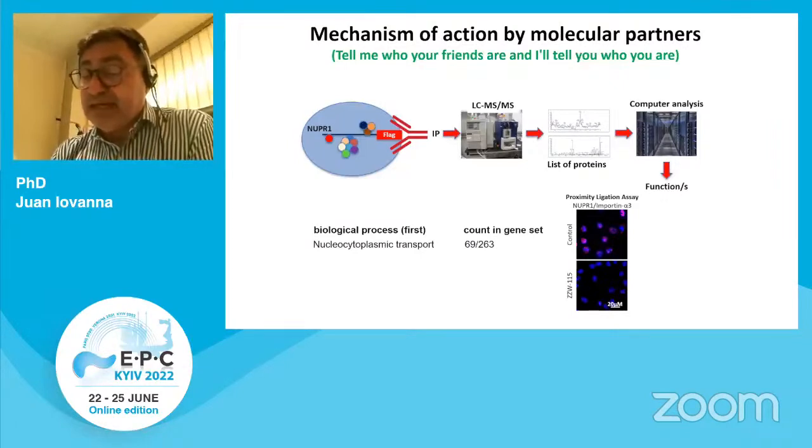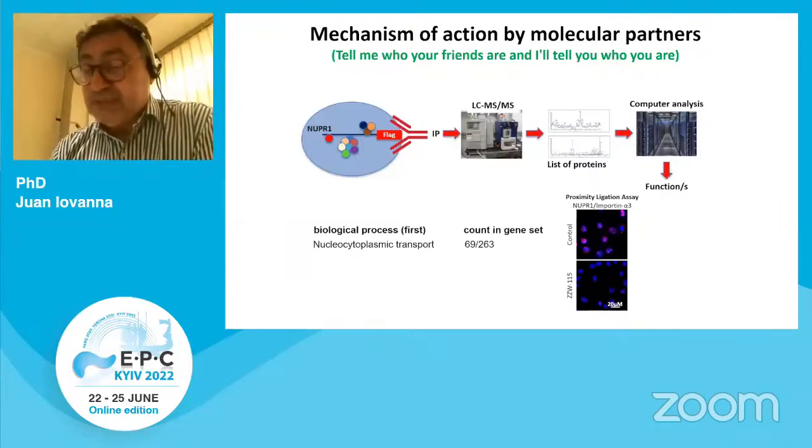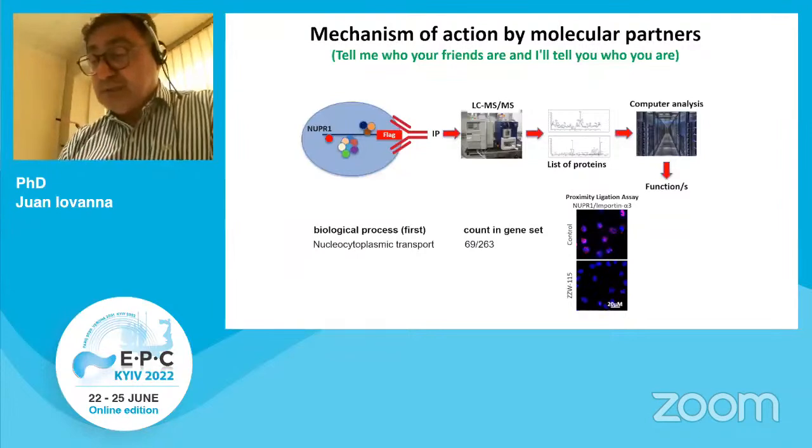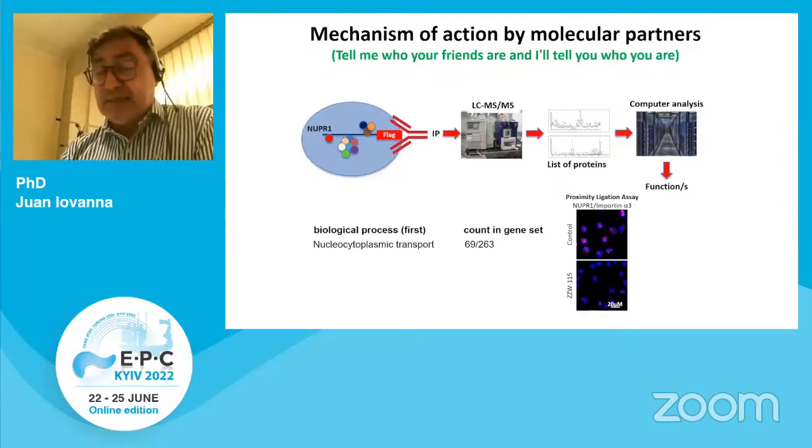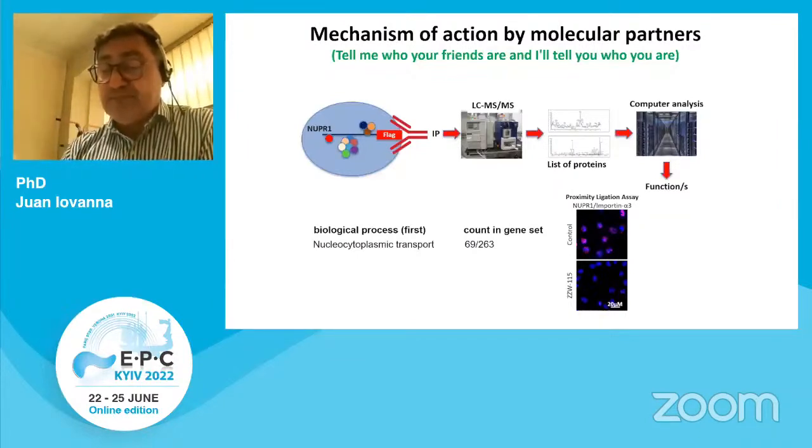An analysis by PLA, proximity ligation assay, which is used to study the interaction between two proteins, showed that NUPER1 binds to importins, as demonstrated by the fuchsia dots in this slide. Interestingly, the treatment with ZZW115 inhibits completely this interaction.